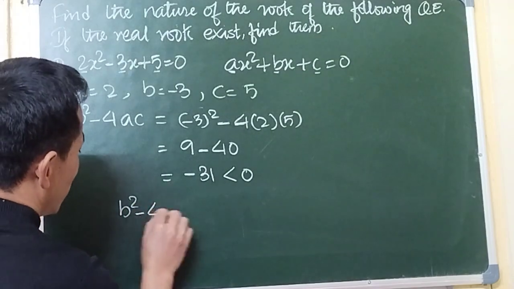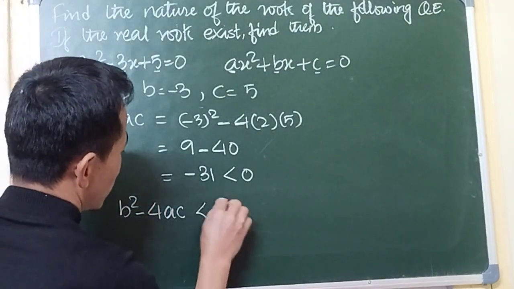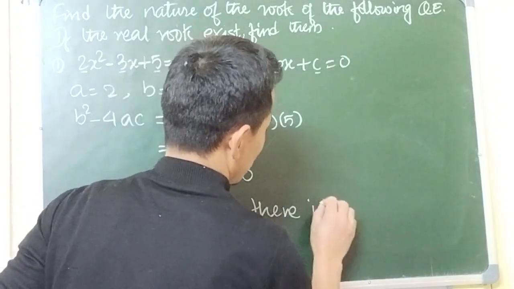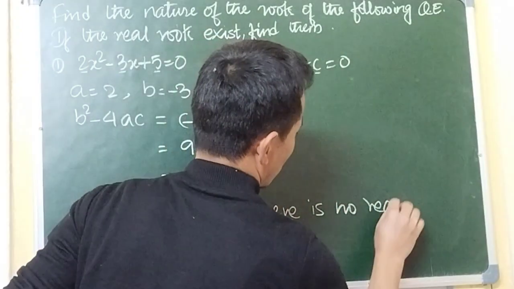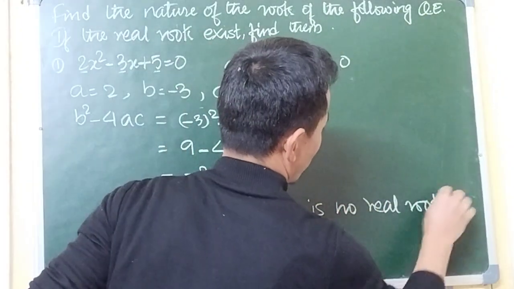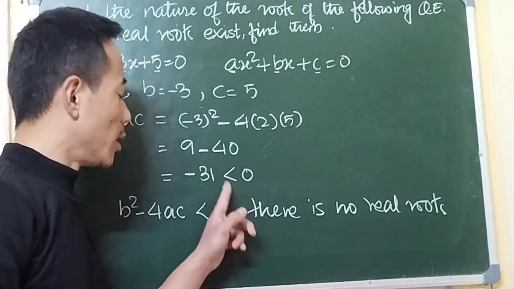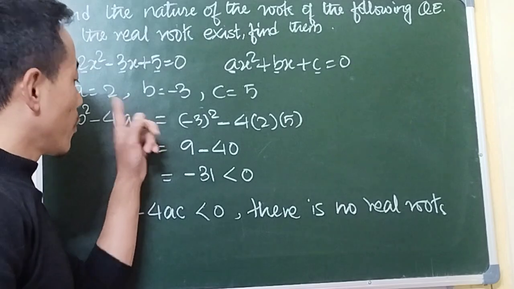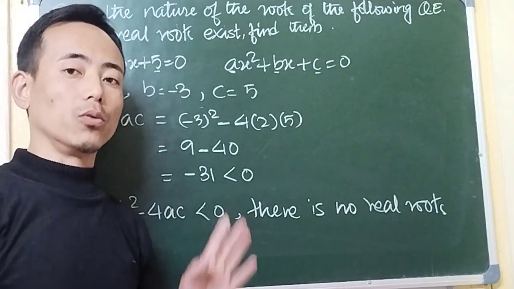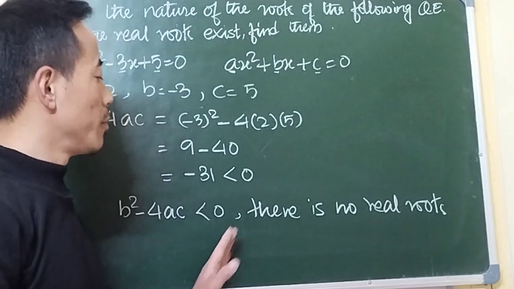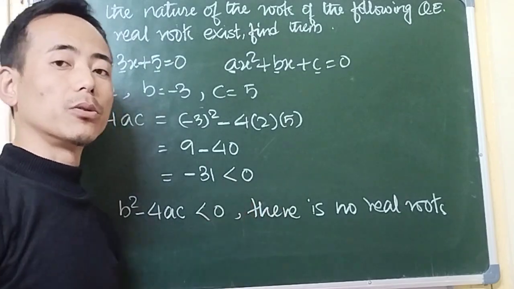If b square minus 4ac is less than 0, then there are no real roots for this given quadratic equation. So since the value is coming less than 0, this quadratic equation will have no real roots. So this is what you have to see. Here we don't have to calculate the roots because the value is less than 0.